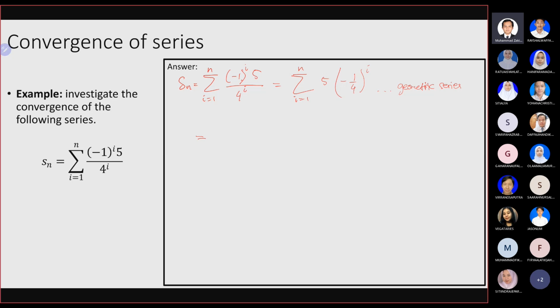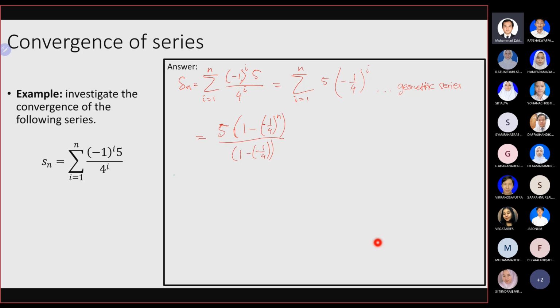So this is equal to 5 times 1 minus (minus 1 over 4) power N, divided by 1 minus (minus 1 over 4).